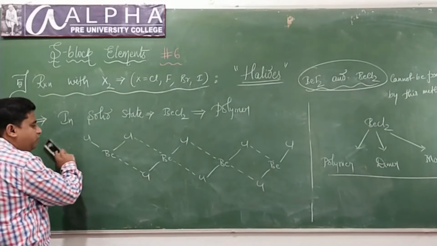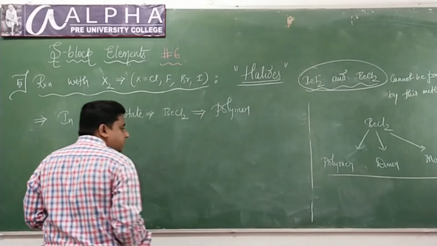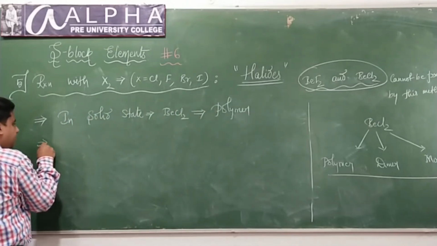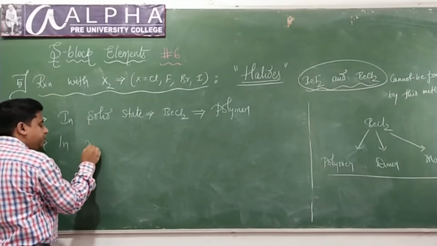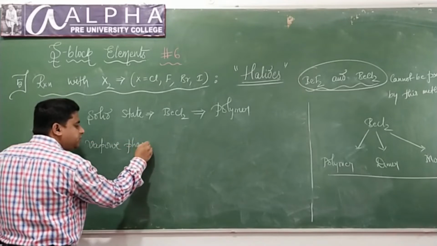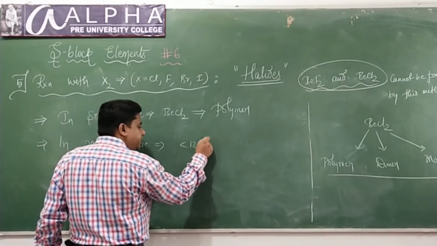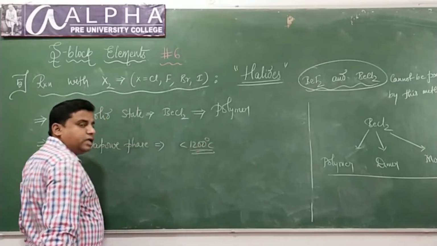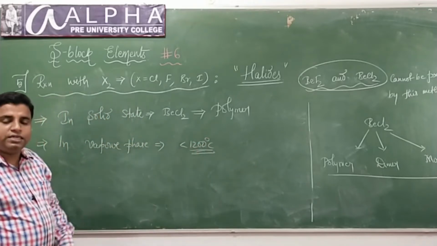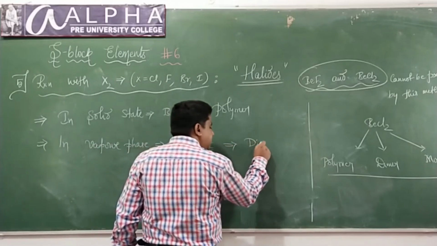But in vapor phase, next point. In vapor phase, if the temperature is less than 1200 degrees centigrade, they exist as dimer.